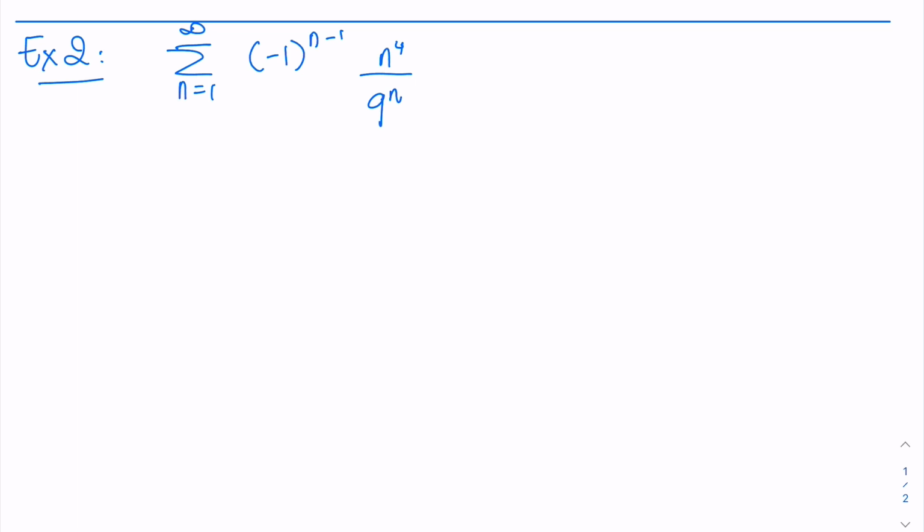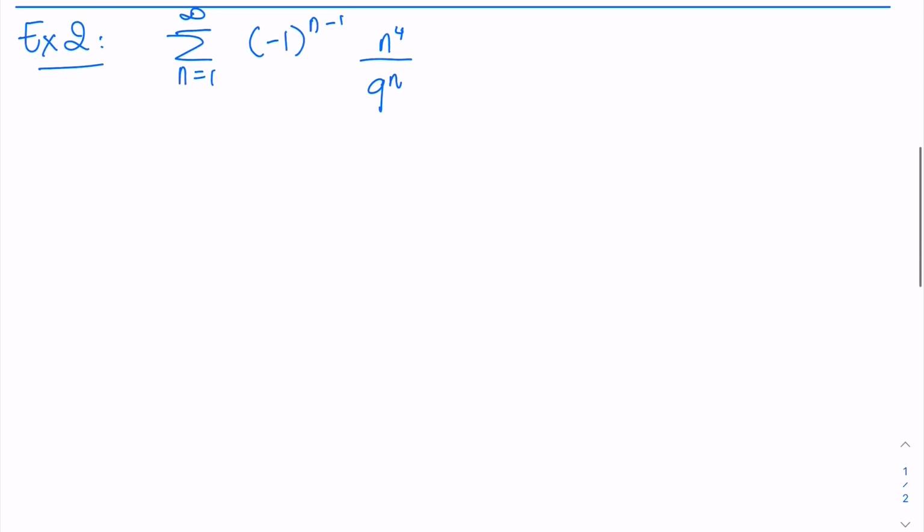For this series, you can see that we have a constant raised to the power. Therefore, we should use the ratio test. So I'm going to take the limit as n goes to infinity of a sub n plus 1 over a sub n.